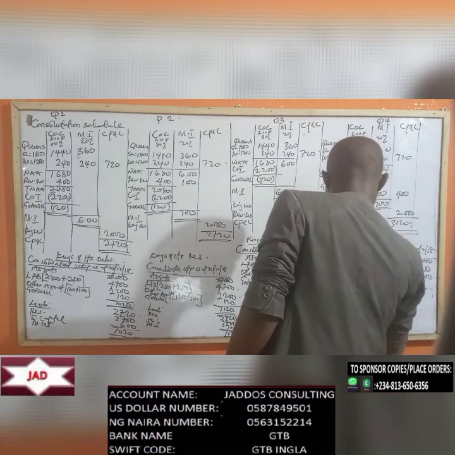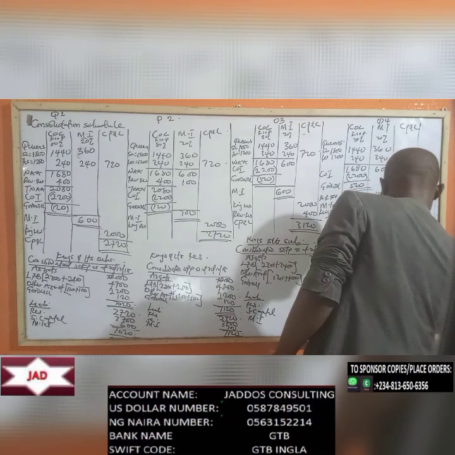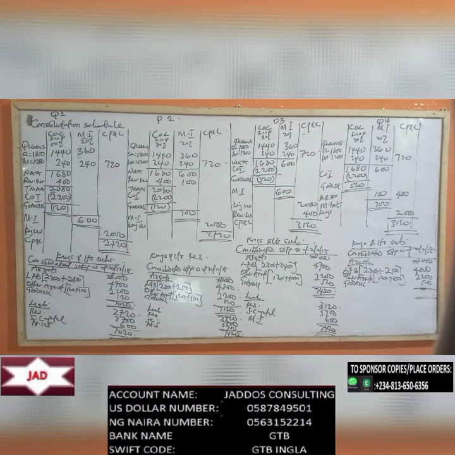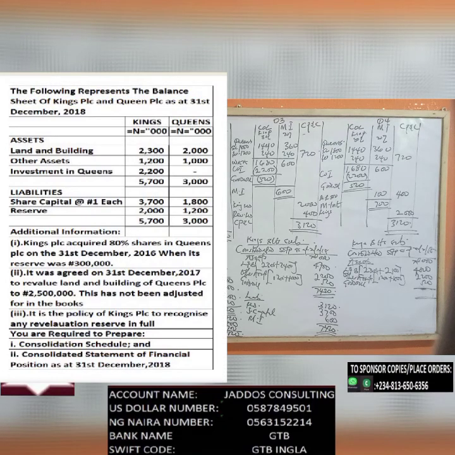What's our goodwill? 520. So this, when you add up, will give you what? 4,800 plus 2,200 plus 520. 7,520.